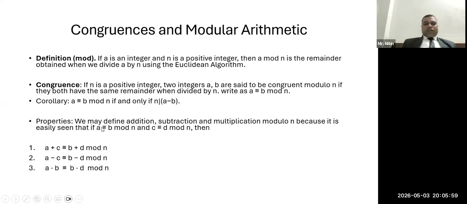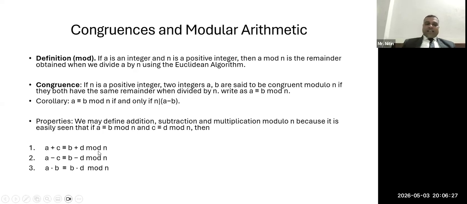So we can define addition, subtraction, and multiplication modulo n, because it is easily seen that if a ≡ b modulo n and c ≡ d modulo n, then how do we write it? First, for addition: a + c ≡ b + d mod n.